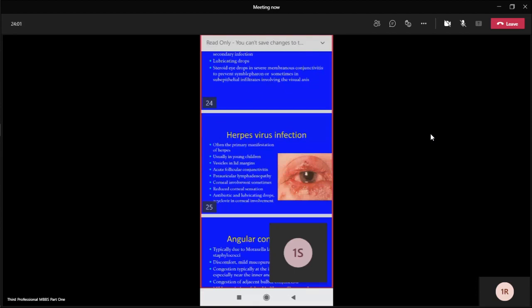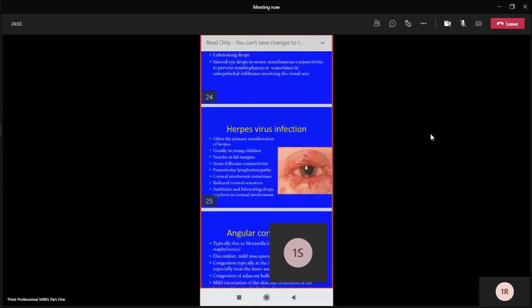Herpes virus infection. The conjunctival infection due to herpes virus is not very important, but the corneal involvement due to herpes virus infection is more important. These are the features. Often it is due to primary manifestation.